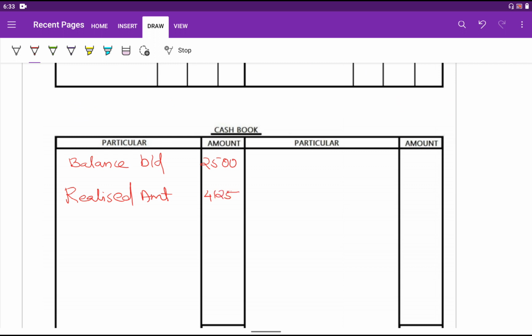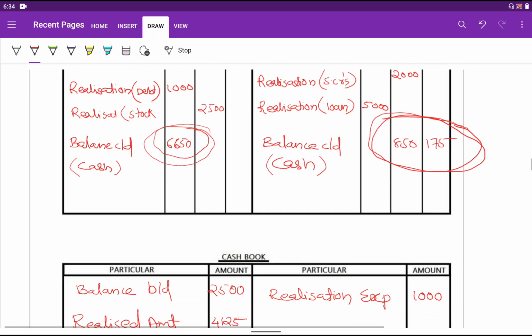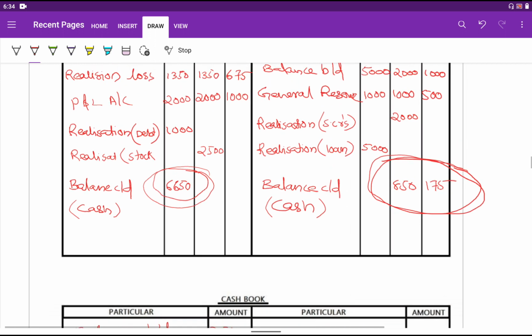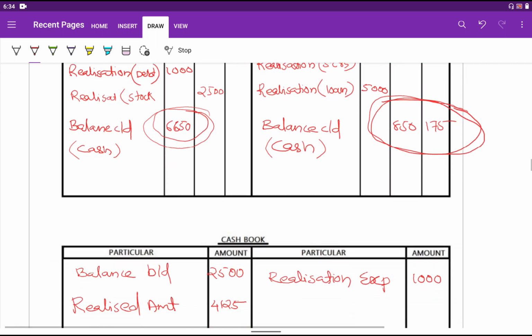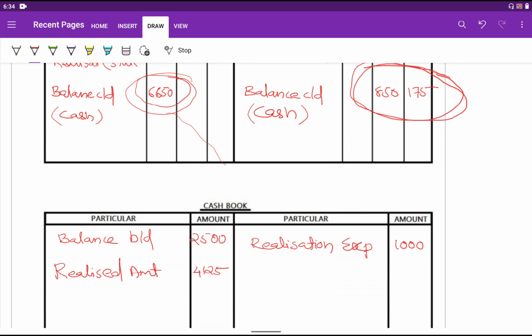Now we'll write in payment side realization expense 1,000. After that we will give the balance of partners. Here we are going to be only 6,615 to other, all want to bring cash to the business.